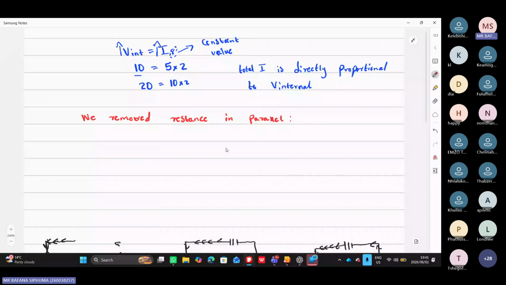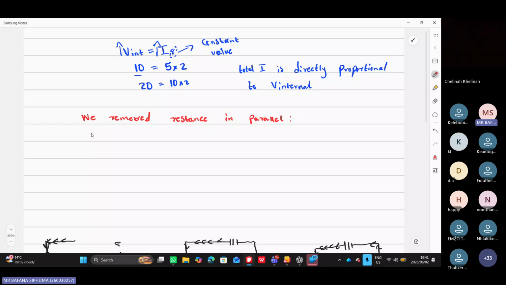So when we remove a resistance in parallel, first of all, we said that the total resistance is going to increase. I even gave you a practical example that you can do. So according to Ohm's law, when the total resistance increases, the total current I will decrease.